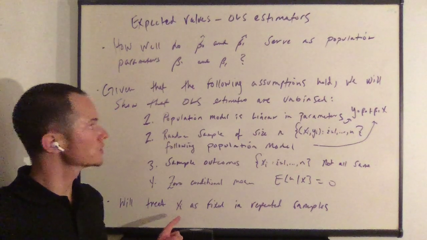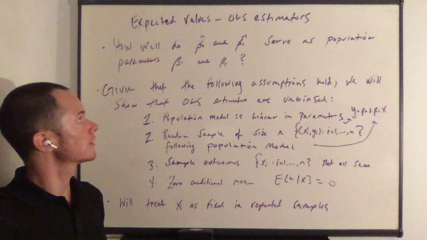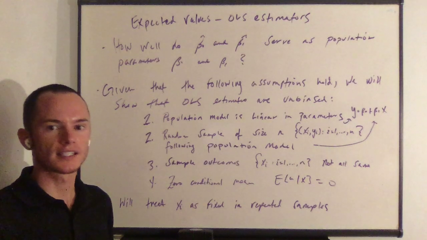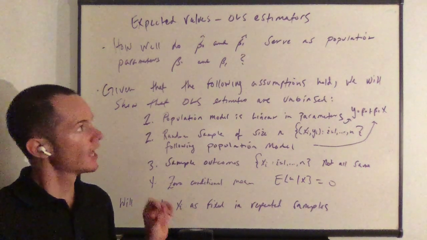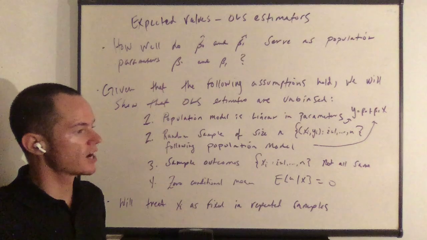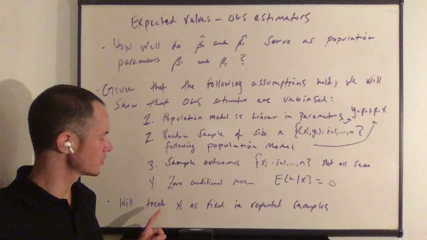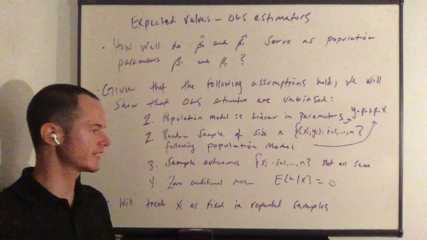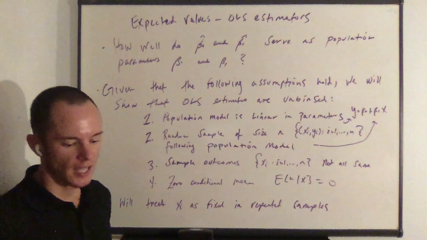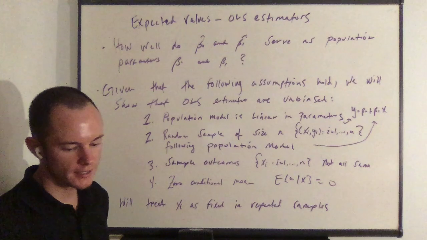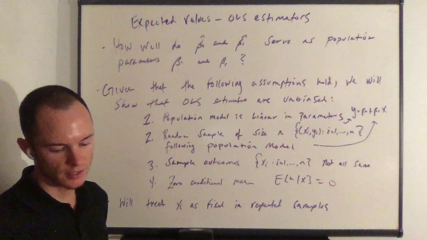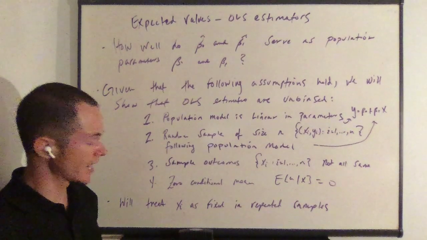Finally, in order to show that the OLS estimators are unbiased, we're going to make a technical simplification and treat the xi as fixed in repeated samples. What we're doing here is analogous to random sampling in reality.